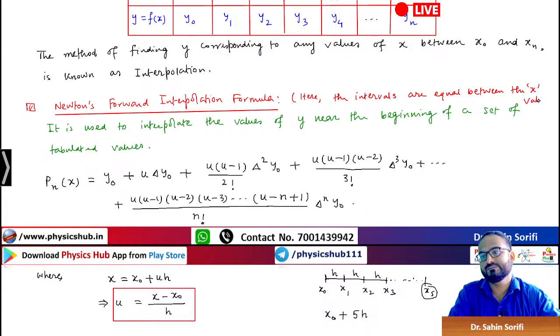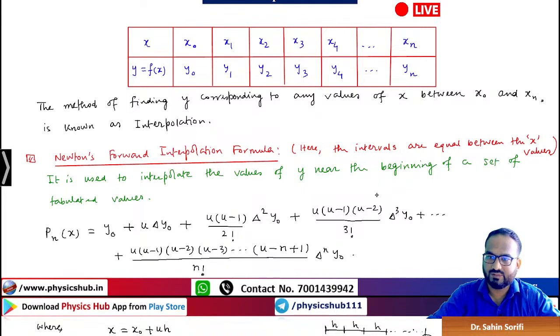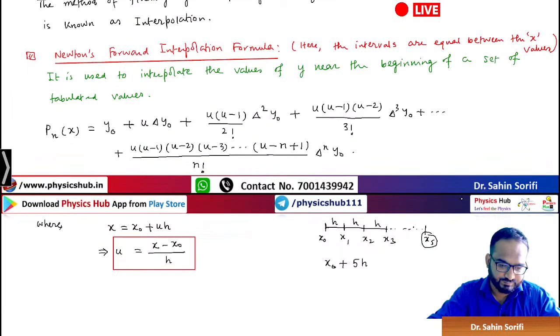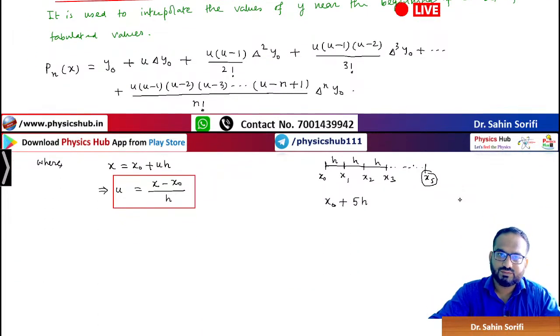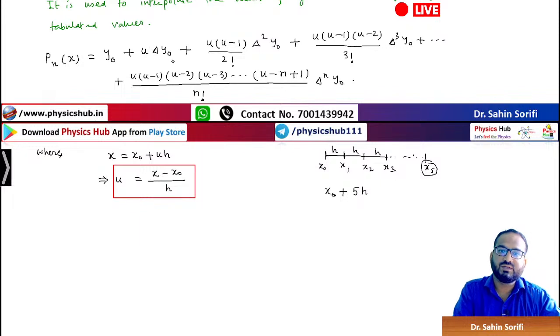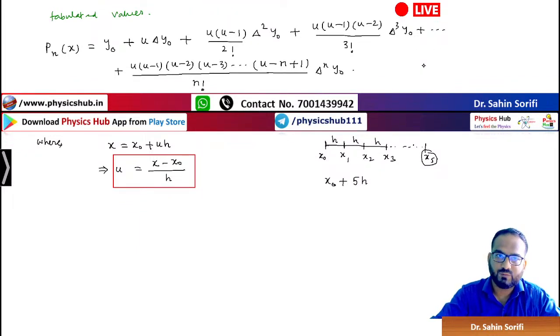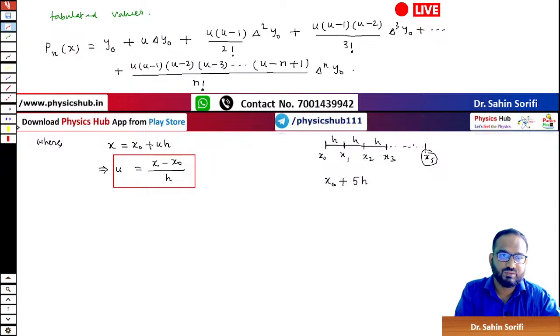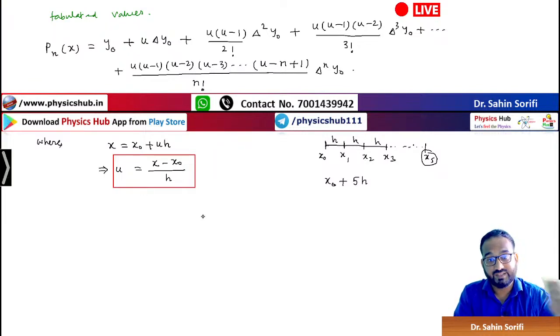Y values may not be equal, but x values are equal. Now to find out these values of delta y0, delta square y0, delta cube y0, we need to make a forward difference table. It's a very easy thing. Let us make this forward difference table.